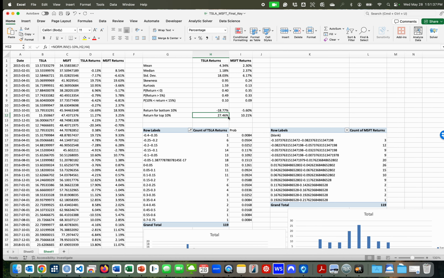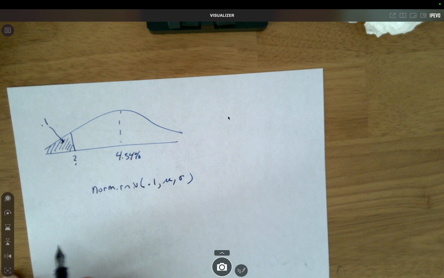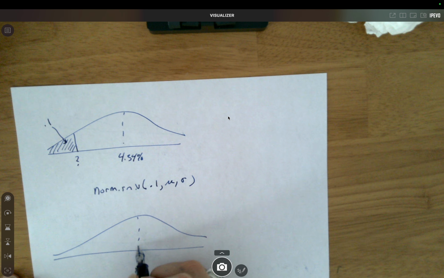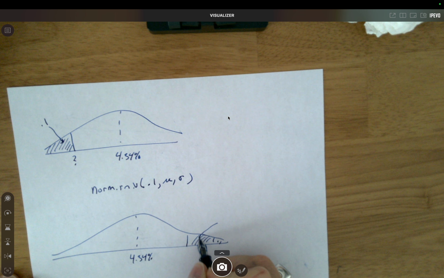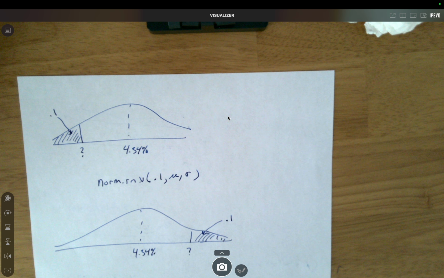The top 10%, we solve in a slightly different way. We sketch the distribution. 4.34% is where it's centered. But now we want the return so that the area to the right is 0.1. And now we're looking for this number.